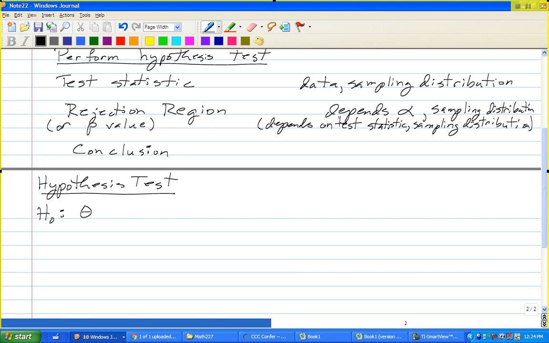It could be the population mean, population proportion, the population variance, whatever it is. I just called it theta. Let's say it's equal to some value, call it theta naught. The alternative would be that the opposite of that, that it's not equal. And we'll have some level of significance.